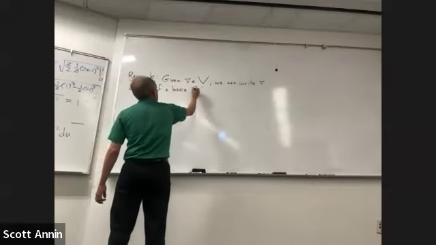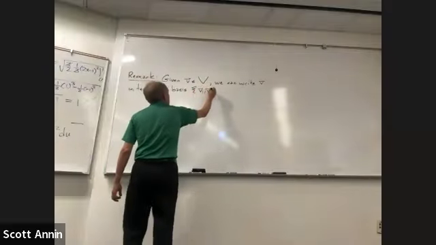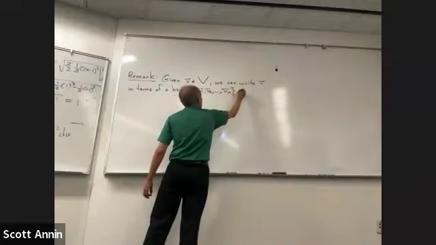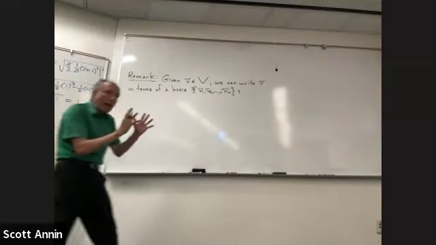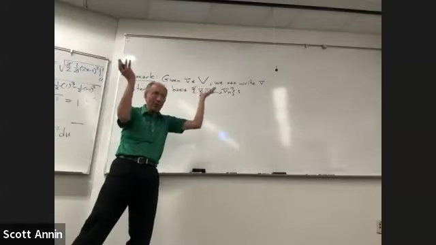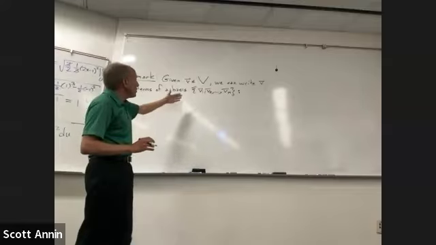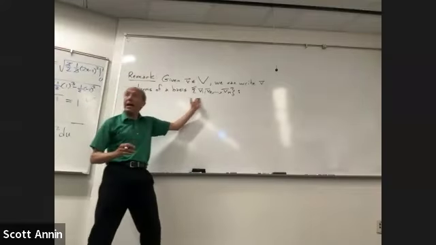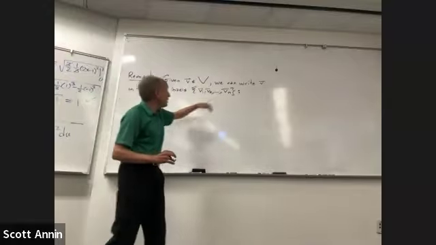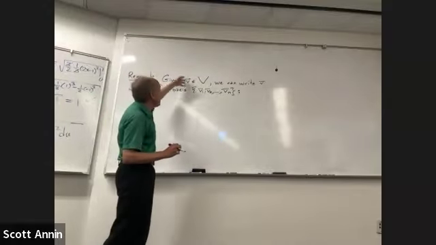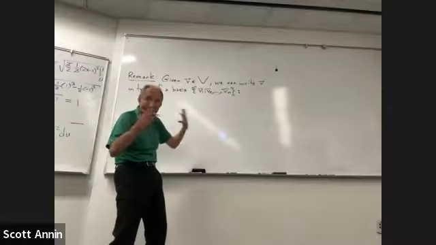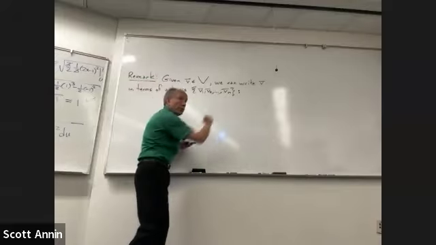Let's say that the basis is the set v1, v2, up to vn. And we know that because a basis is a spanning set. That's part of what a basis is. Because my basis spans the entire vector space, if I grab some random vector out of V, I know that I will be able to write it in terms of this basis.